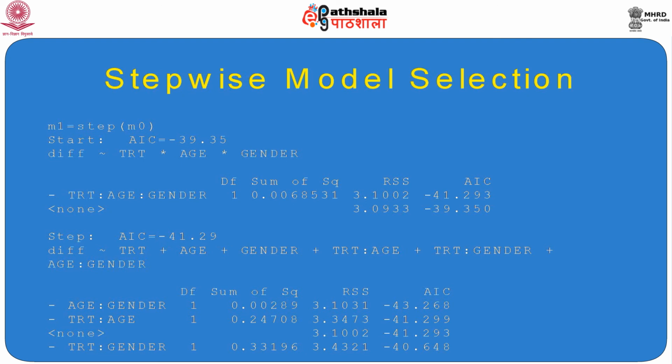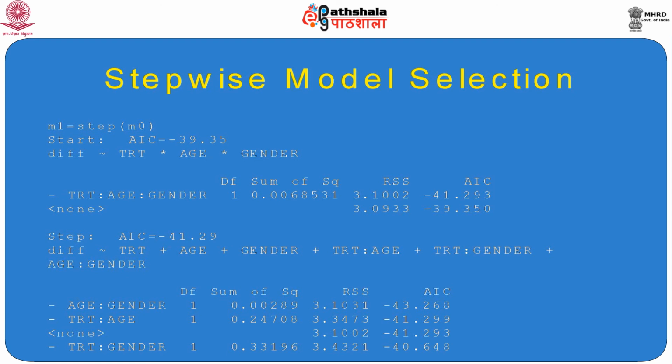For treatment, age and gender the AIC value is minus 40.41, and when we consider nothing it comes as minus 39.35. The step function gives an AIC equal to minus 41.29.